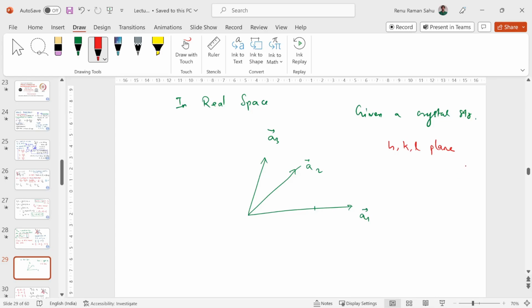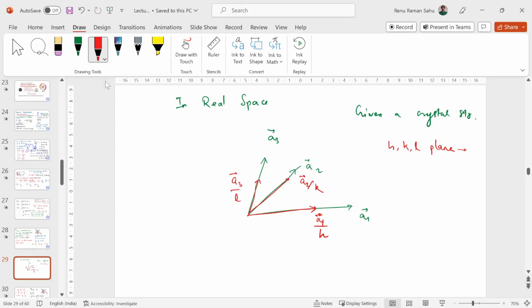So the hkl plane is a plane that intercepts the a1 vector at a1 divided by h, and it intercepts a2 at a2 divided by k, and it intercepts a3 at a3 divided by l.